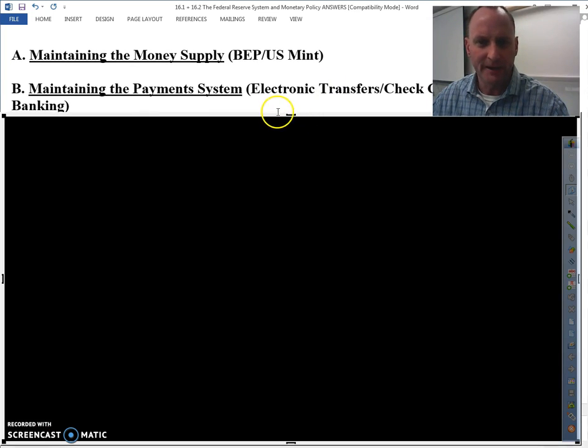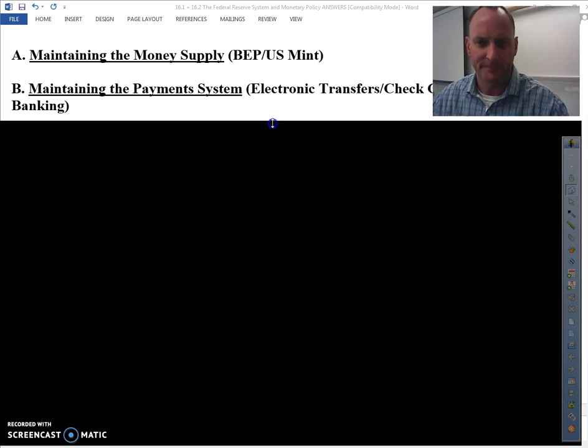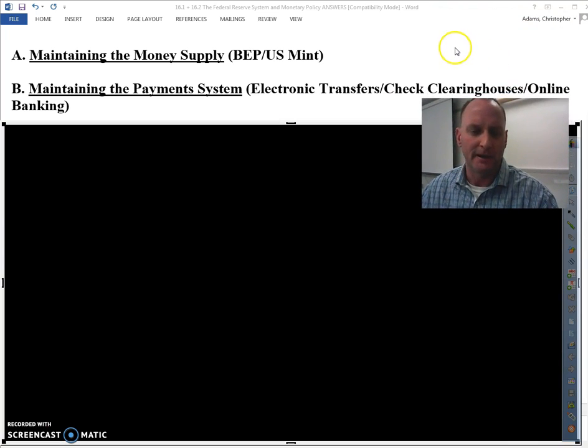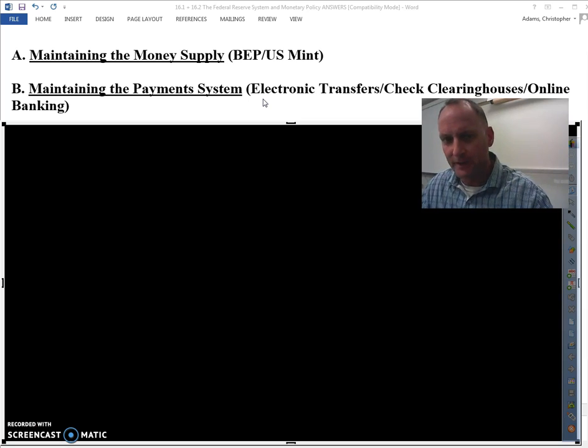Second, they maintain the payment system. Now, let me move my picture here so you can see a little bit better. The payment system is like, for instance, let's say you do an electronic transfer on your phone or your computer. They maintain that. A check clearinghouse. They have locations that take the checks that you have, and I'll show you an example. Well, I better not, now I think about it, because my numbers would be on there, and that would be bad, because you would have access to that.